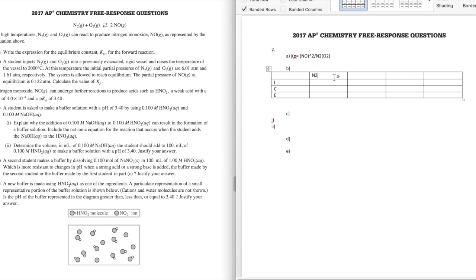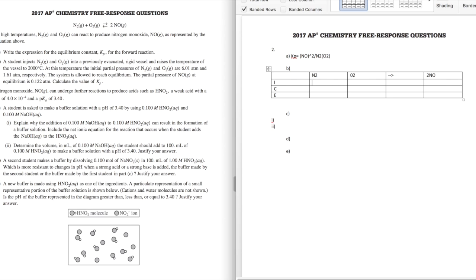Then label our headings according to the reaction, with coefficients 2 and 2. And then we simply put all the partial pressures into the ICE diagram.